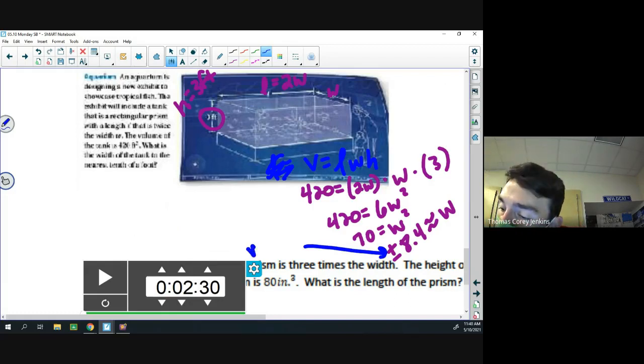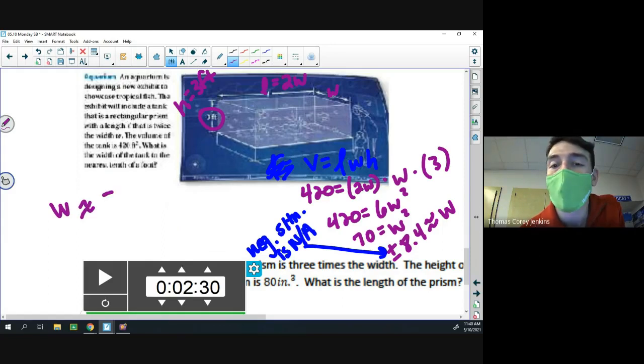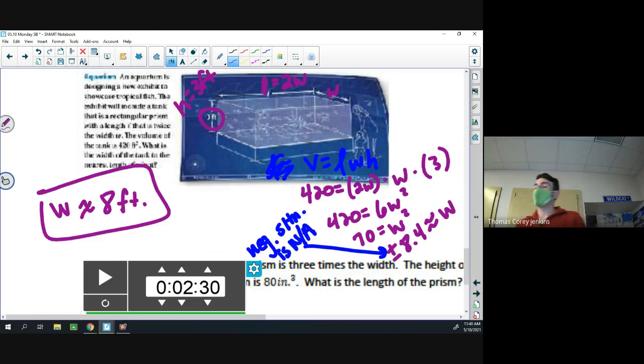So we just say the negative solution is not applicable. To finalize our answer then, they say round to the nearest foot, so we'll say the width is about 8 feet. We ignored the negative solution and we rounded it to the nearest foot.